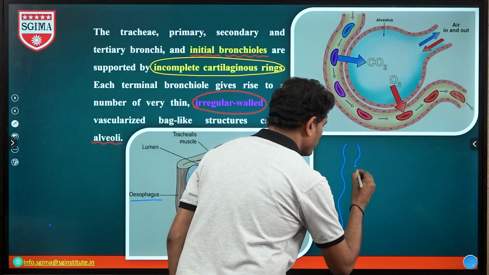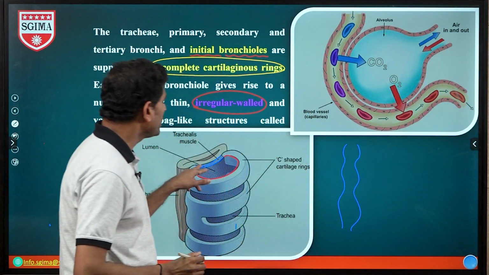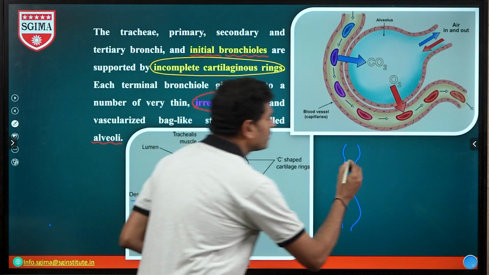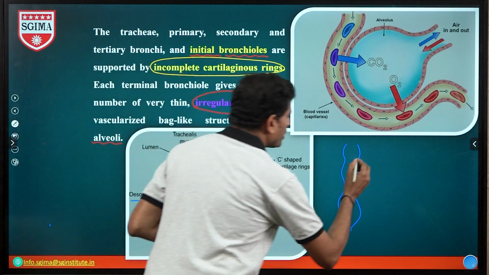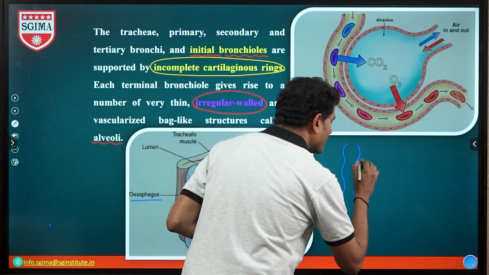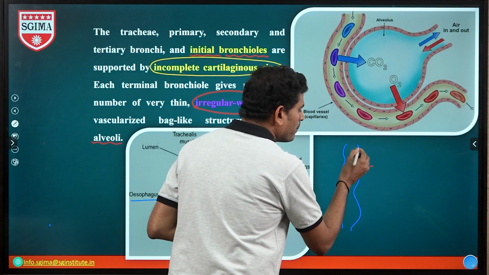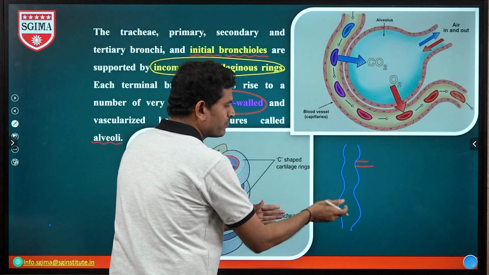These wave-like movements are facilitated by these incomplete cartilaginous rings. If they were also complete, it would obstruct. If a complete ring is there, the peristaltic movement will be obstructed, and there must be a passage for the food material.